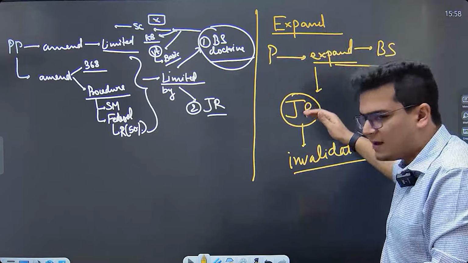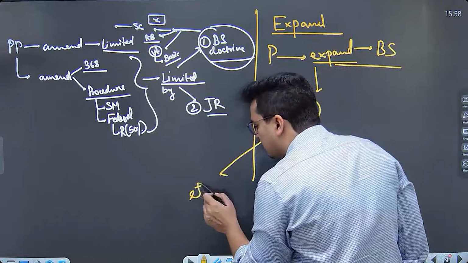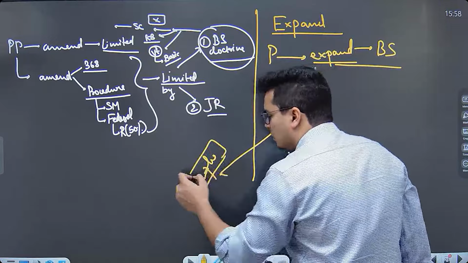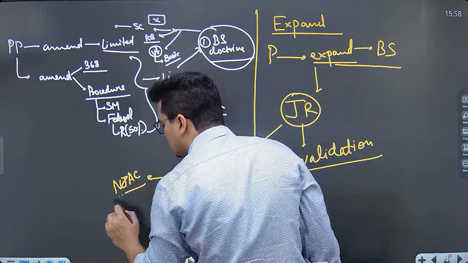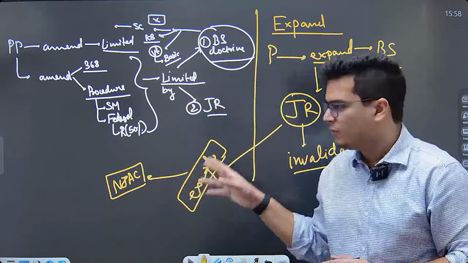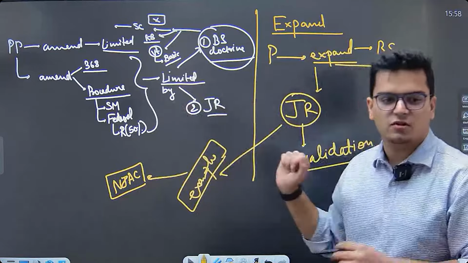This will be invalidated by judicial review, and then I will give various examples as to where this has already happened. The most prominent and most discussed example is the National Judicial Appointments Commission, the NJAC, which was overturned by the Supreme Court as violative of the basic structure of the constitution.